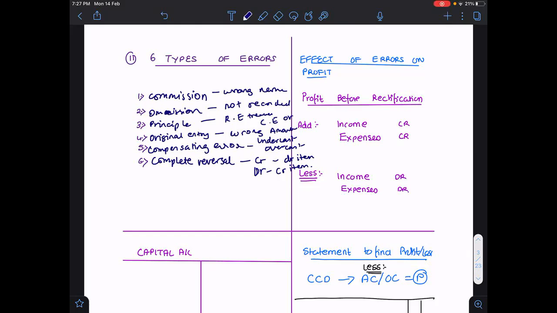Income credit and expense credit, add. Income debit, expense debit, subtract.